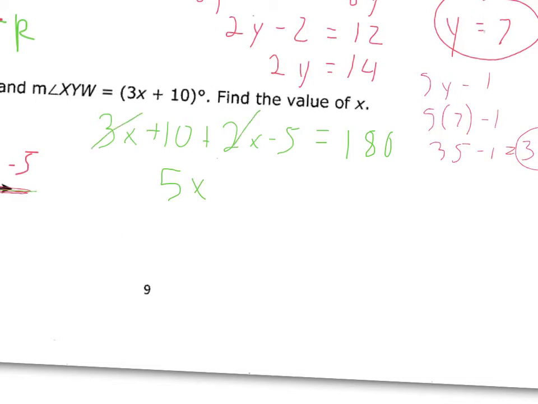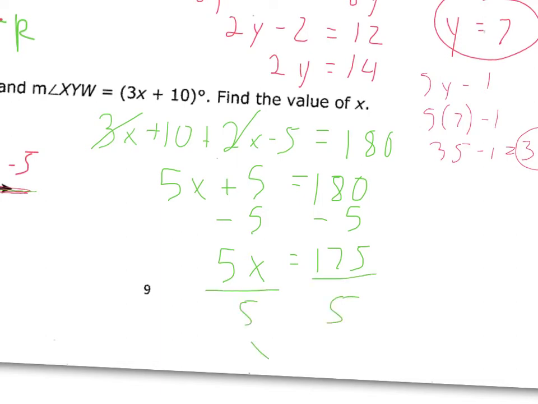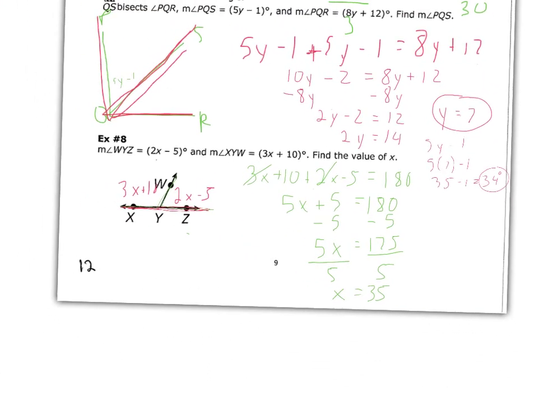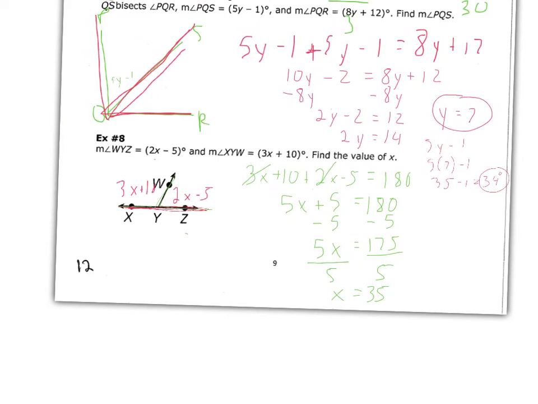Then we have 10 minus 5, which gives us 5, and that all equals 180. Let's subtract 5 on both sides. Then 5x equals 175. If we divide each side by 5, your x would equal 35. So our x equals 35, and that is your value.